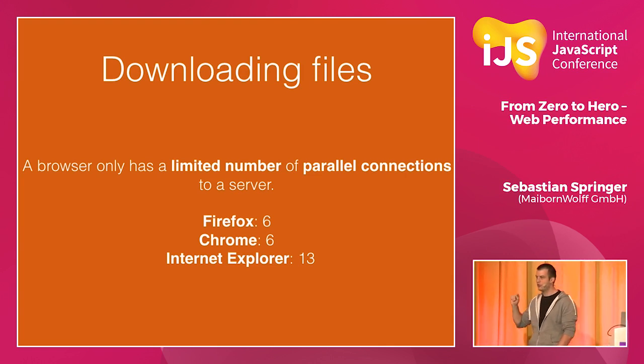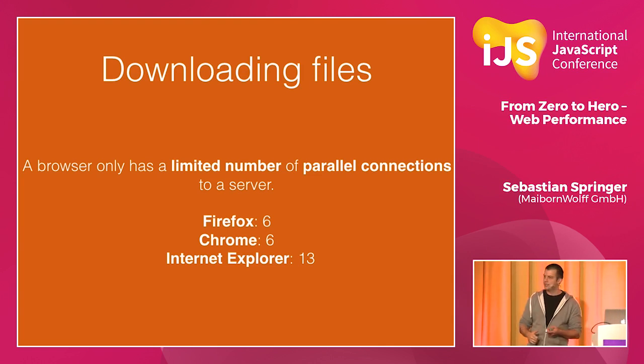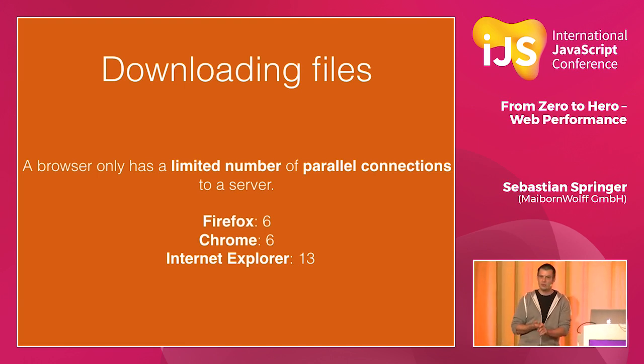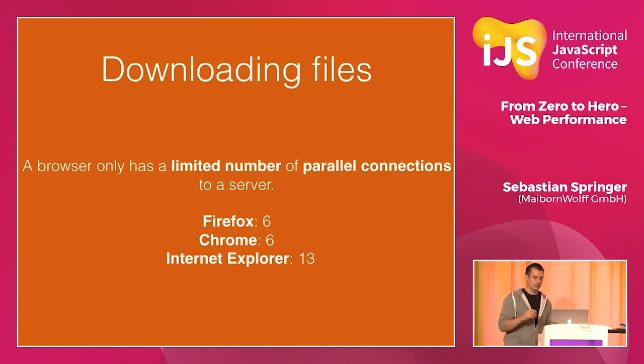This limit is per domain, so you can create subdomains like images.mydomain.something, css.mydomain.something, HTML, and so on, to get around this limit. But that's not the point. You can go around this problem in another way, in a better way.